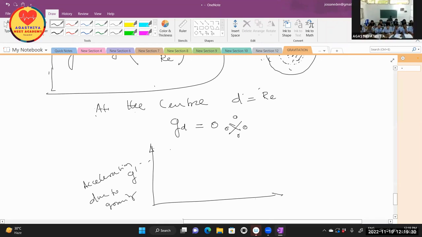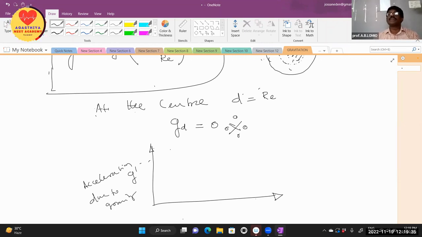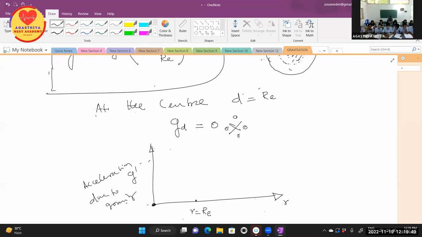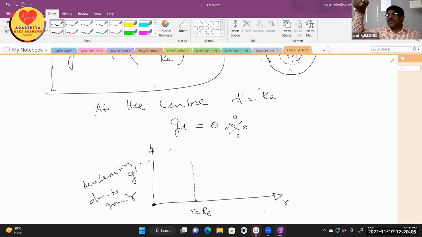The horizontal axis, the x-axis, is taken as the distance, say R. Consider this is the origin point, that is the center of the earth. Take this point, where R is equal to the radius of the earth. At the surface of the earth, the acceleration due to gravity will be maximum. When you go inside the earth, its value keeps decreasing linearly.